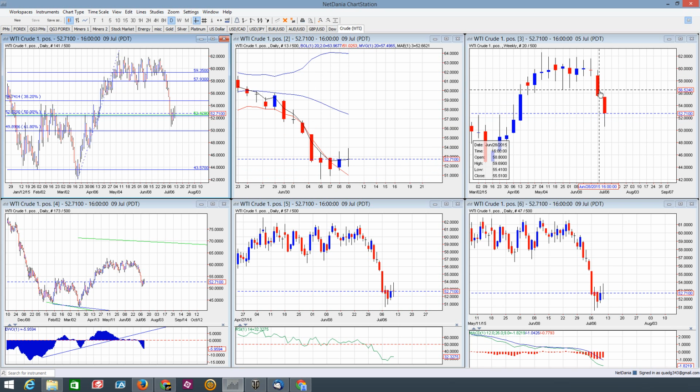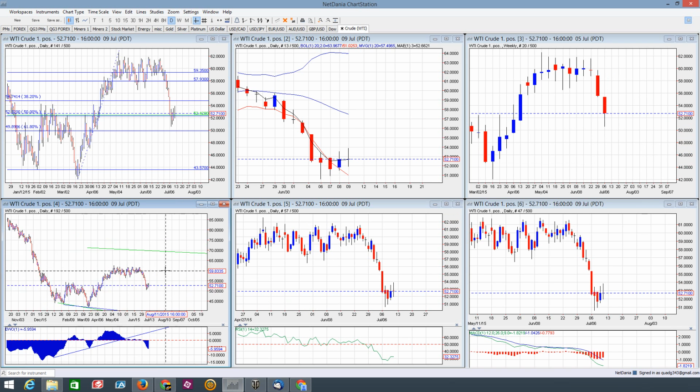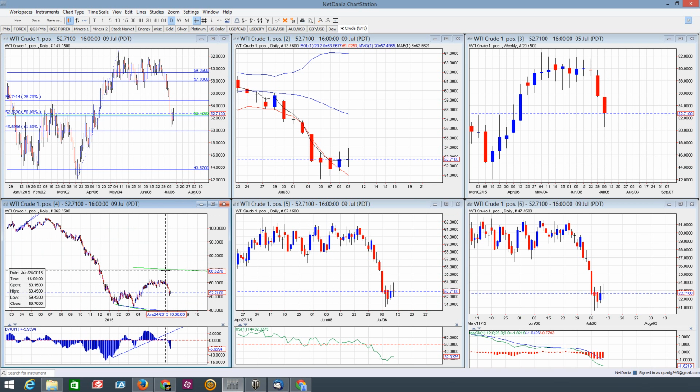The weekly does close certainly lower. That's looking bearish. And the EWO here, really nothing very useful there that I can see.